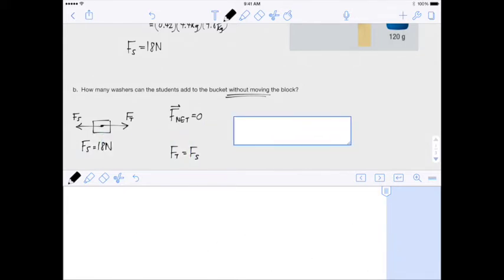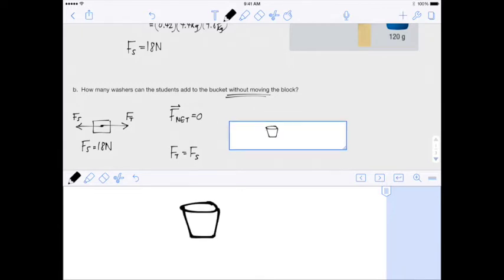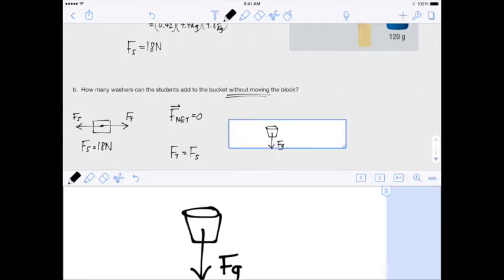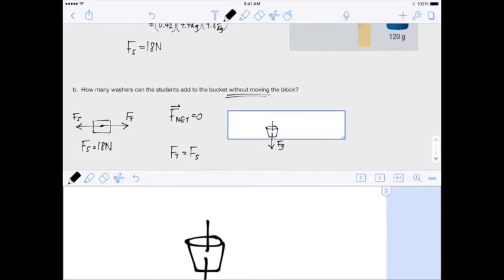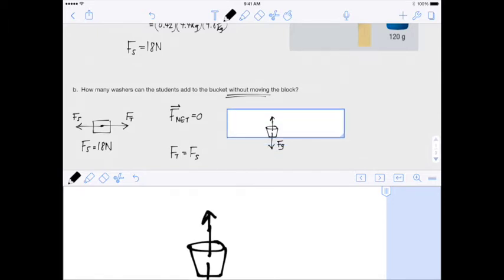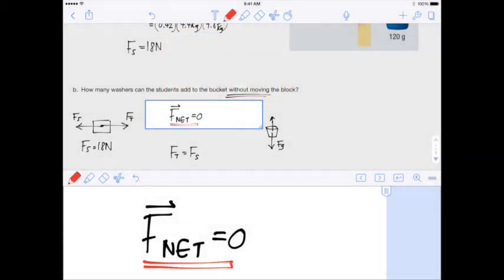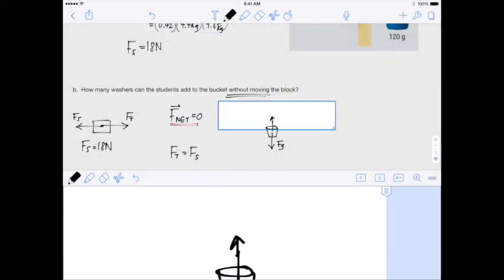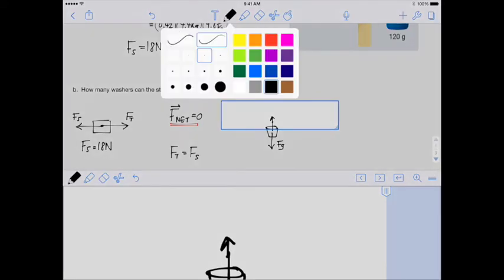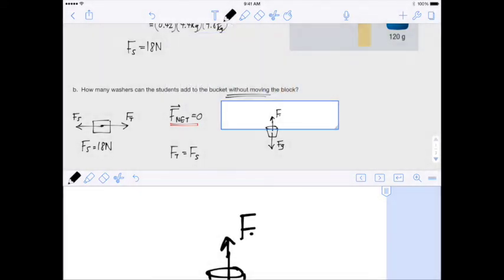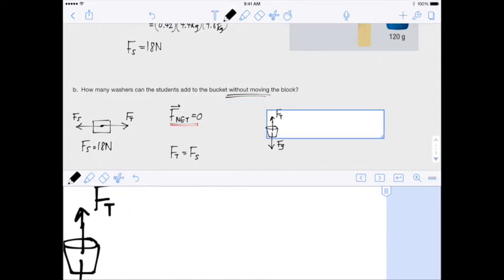Now let's take a look at the bucket. The bucket will be acted upon by a downward force of gravity, while it will be supported by an upward force of tension. If the system is not moving, as we've indicated, then in this situation the tension has to be equal to the force of gravity.